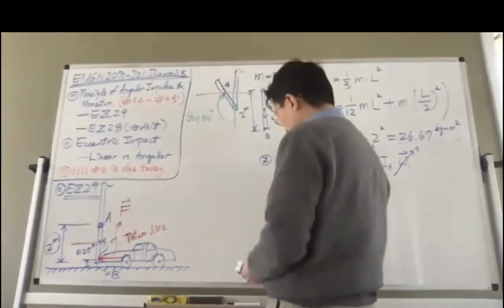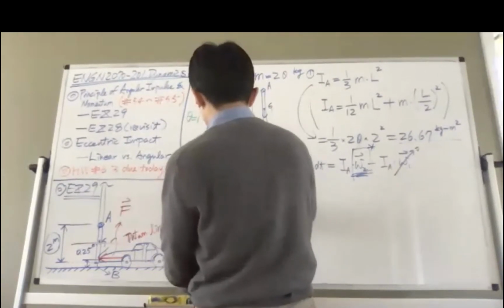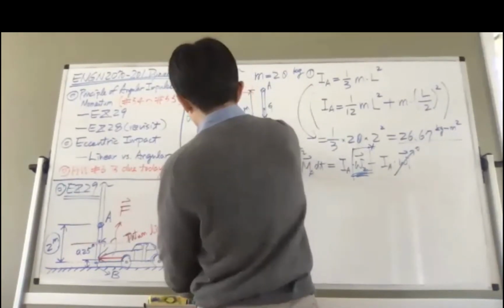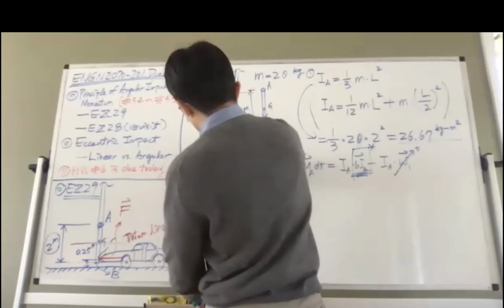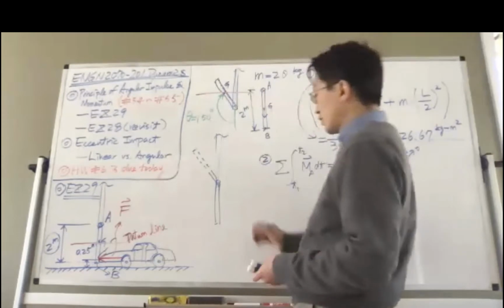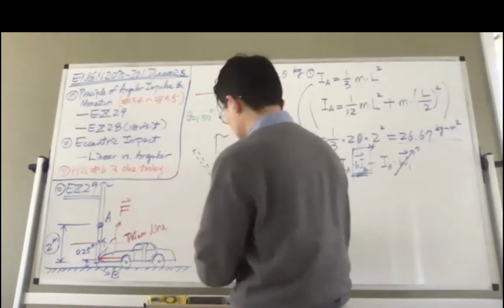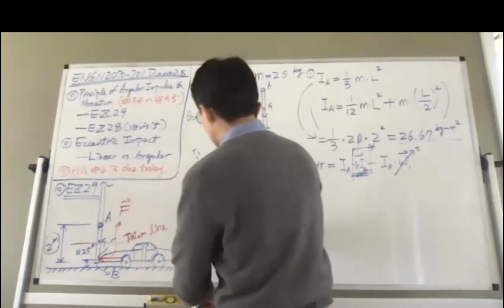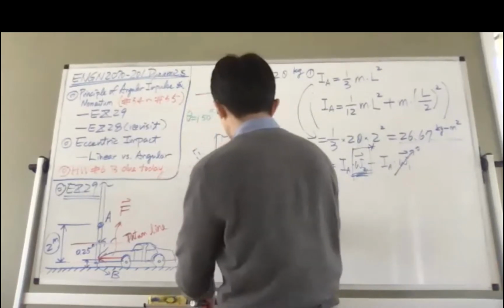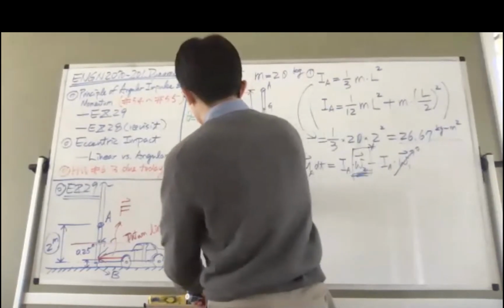And if you do this, you will know that after the impact, this is the datum line. And after impact, it's going to move to here.